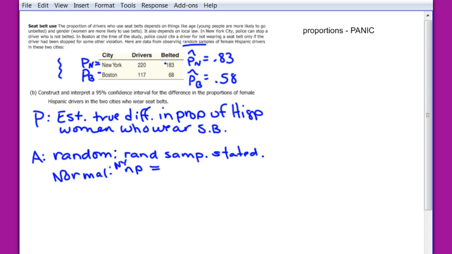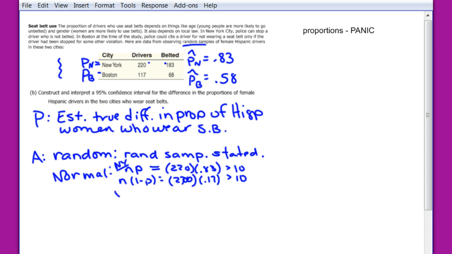Let's do New York first. 220 drivers times 83% is 183, greater than 10. We will also check n times 1 minus p: 220 times 17% is also greater than 10.